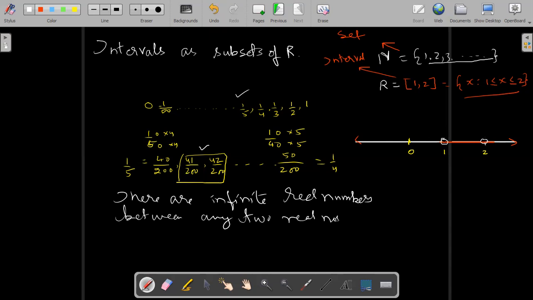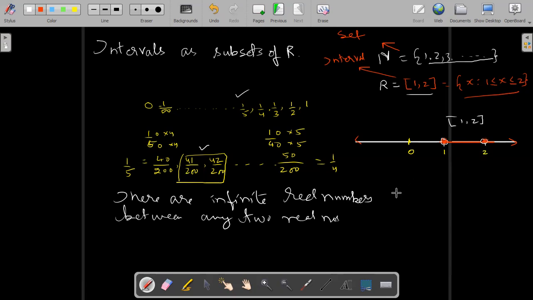This is 1, this is 2. When both are included in this interval, 1 and 2, then we have to darken the circle with any color. Fill this circle, which shows that it is included. When it is not included, we will not darken it.